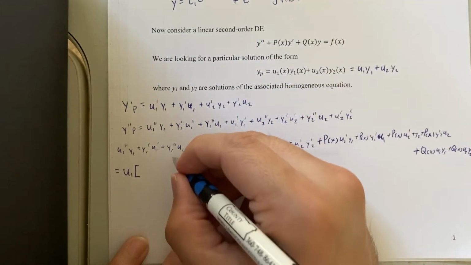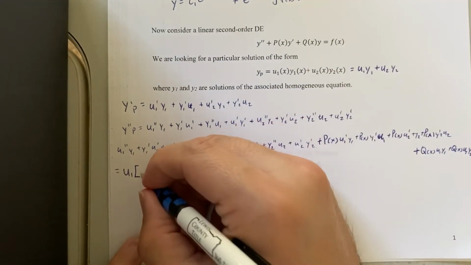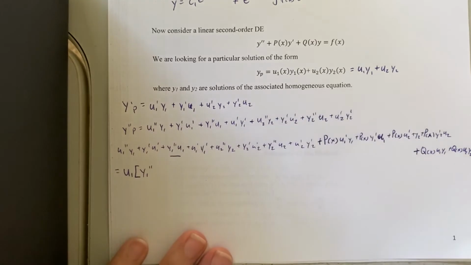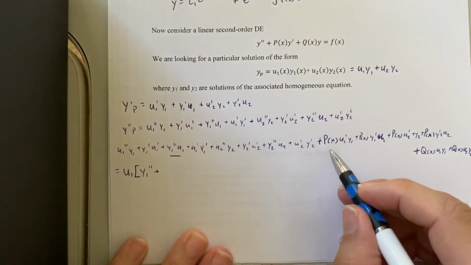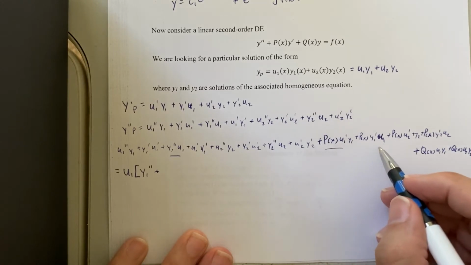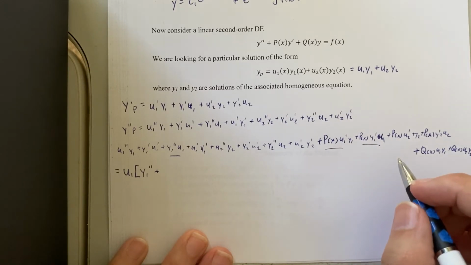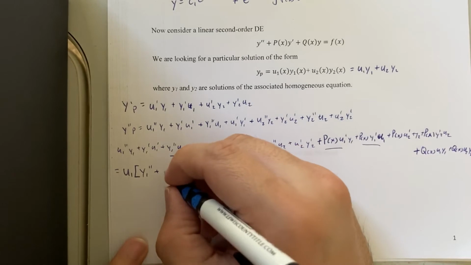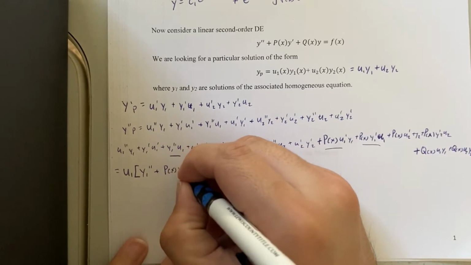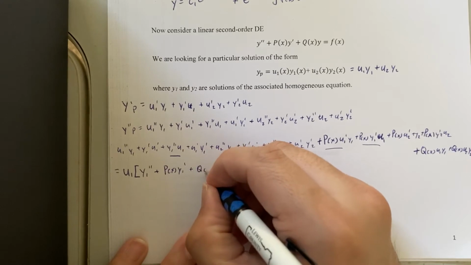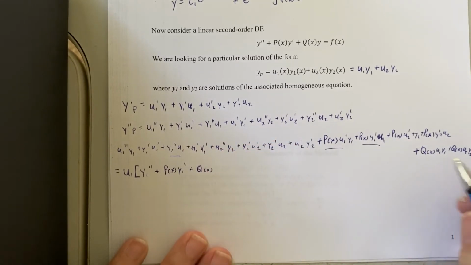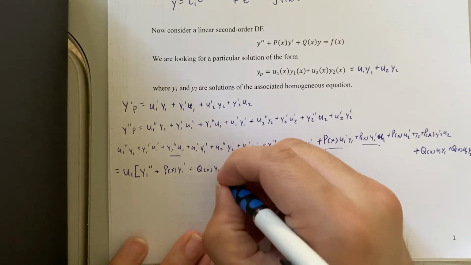So it looks like I have y sub 1 double prime plus p of x times u sub 1 prime times y sub 1 prime plus, and then if I go over here, I'm going to have q of x times u sub 1 times y sub 1.